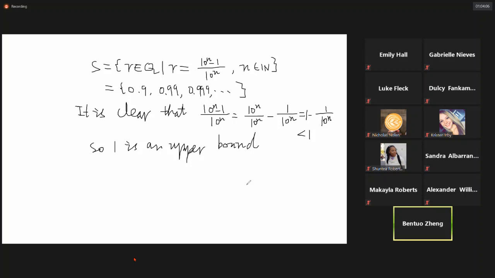And what is the least upper bound for S? Do you have any suggestion?